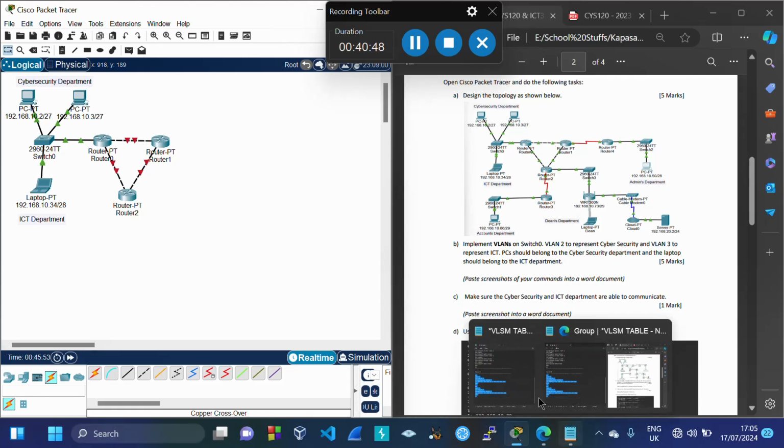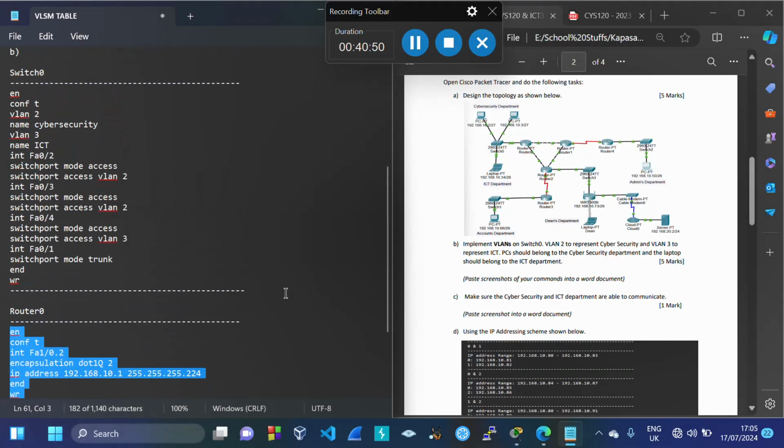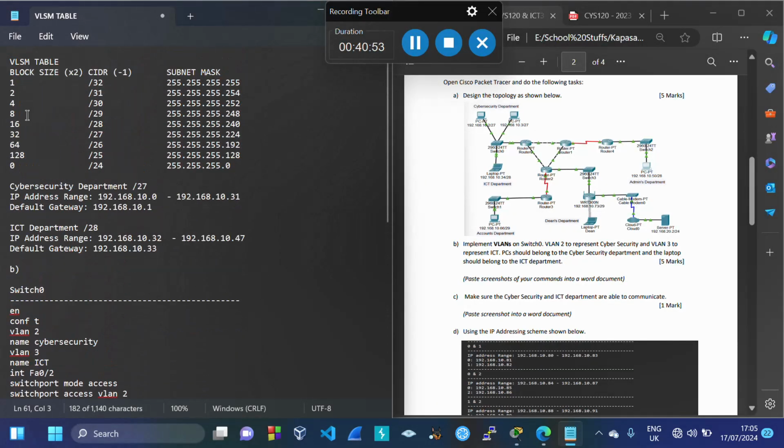So if we go back to our VLSM table, this block size, which is 4 or /30 with a mask of 252, can accommodate two hosts each, such as router 0 and 1, because we need to subtract 2 from the block size to get the number of usable hosts. So 4 minus 2, which is 2, to come up with two IP addresses for router 0 and 1.